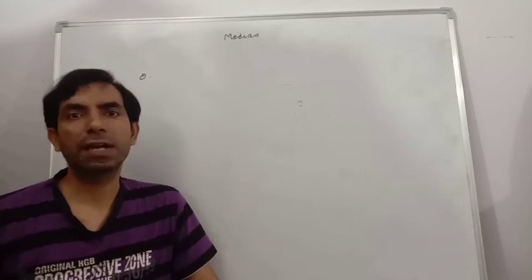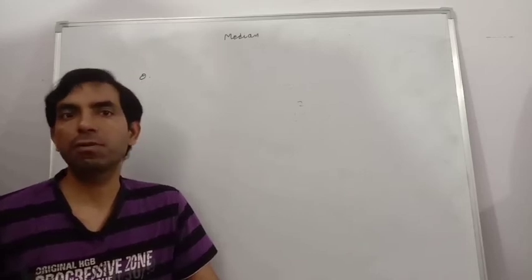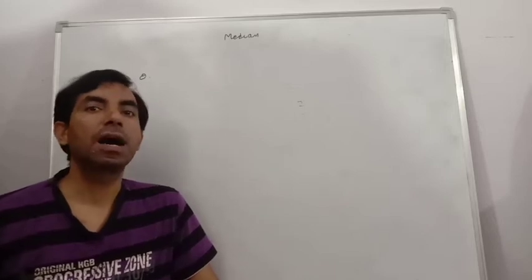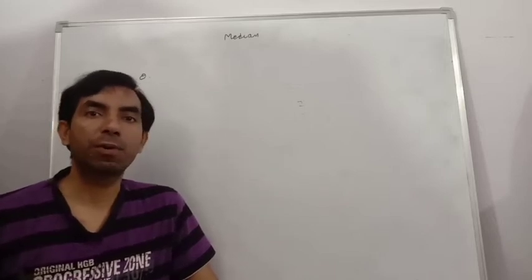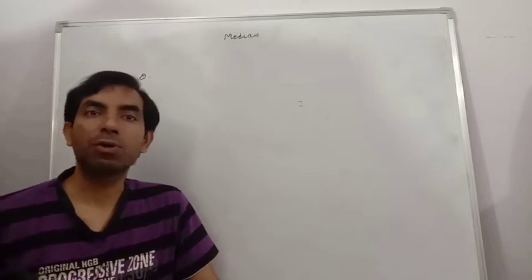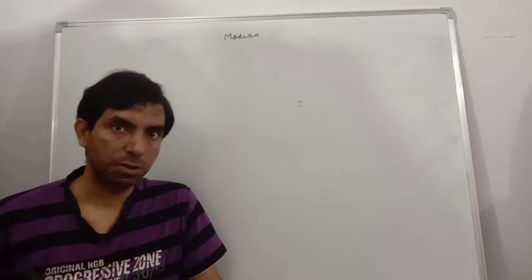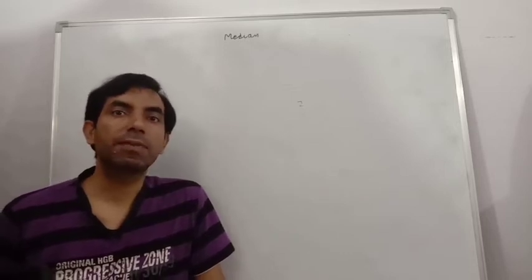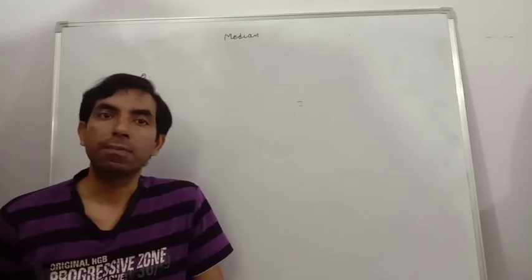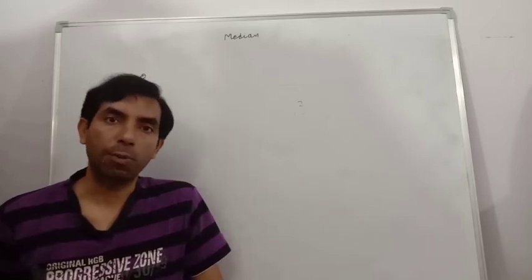If the data are odd, we find the (n plus 1) upon 2 th term, and if the data are even, we find 1 upon 2 bracket n upon 2 th term plus n upon 2 plus 1 th term. So today we take median when data are in alphabet or unknown part.